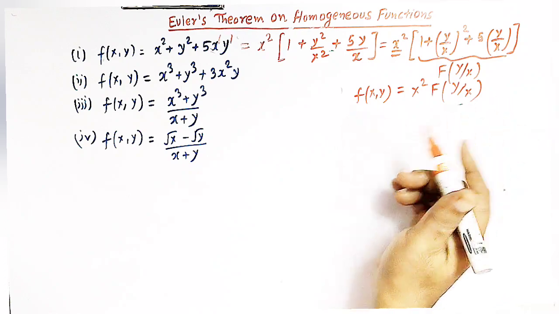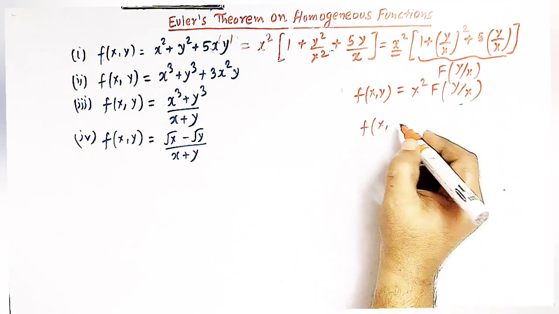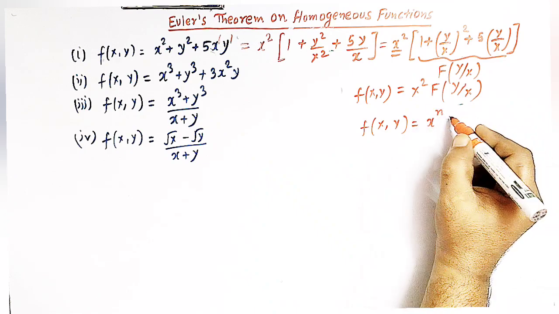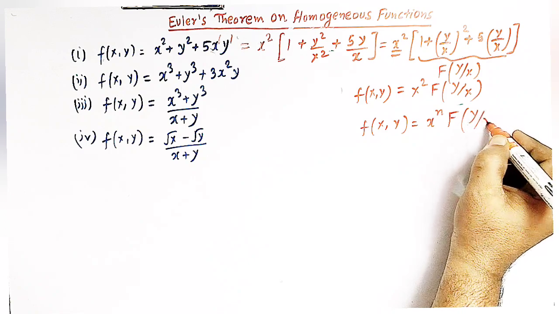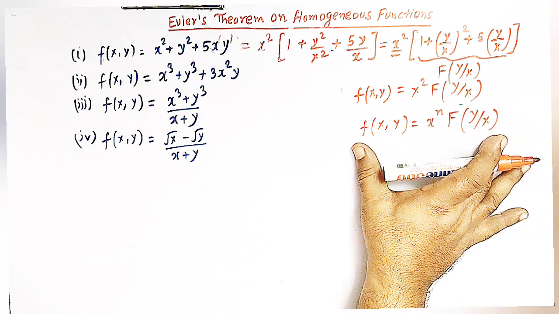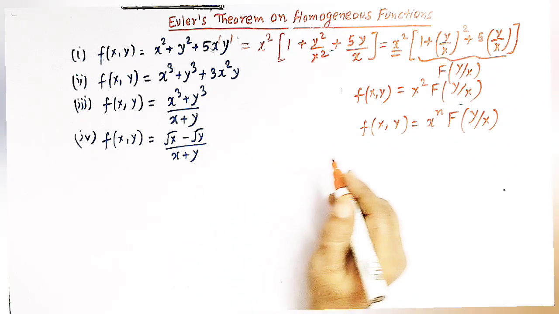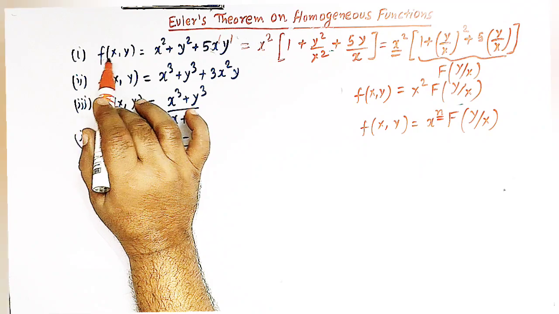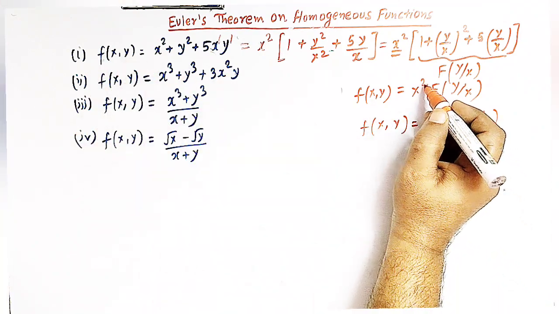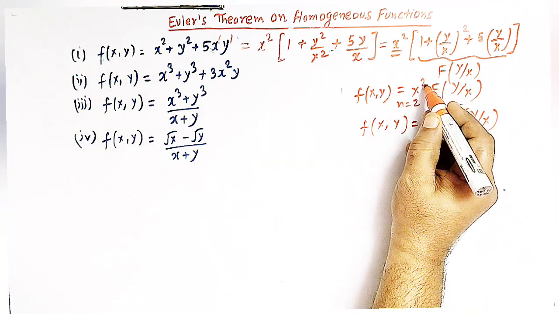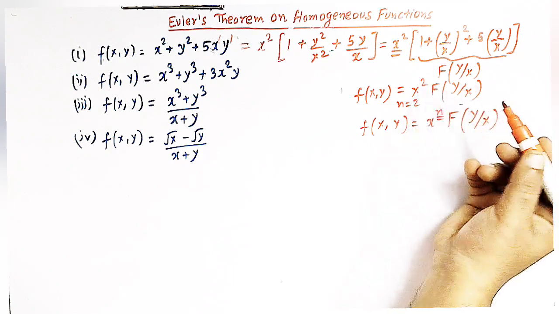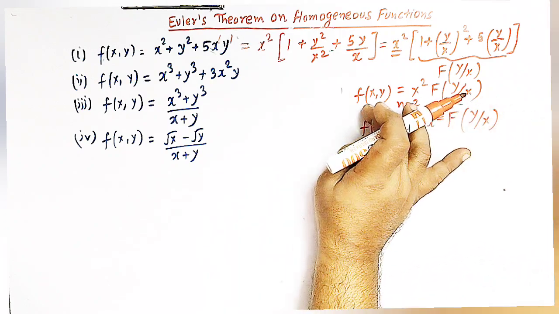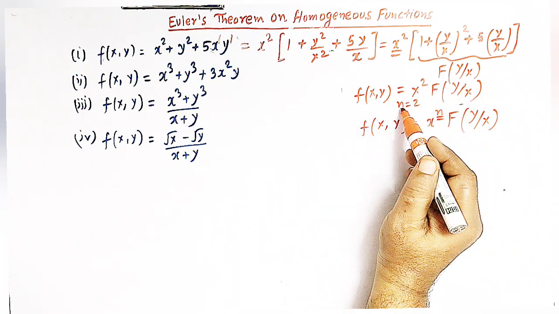So any function which is of this type, that is f of x comma y is equal to, say, x raised to n, and here we have F of y over x, then such a function is known as a homogeneous function of degree n. Right, so this function f of x comma y is a homogeneous function of degree 2, because here we have x square. Right, so we have expressed this function like this. So this is a homogeneous function of degree 2.